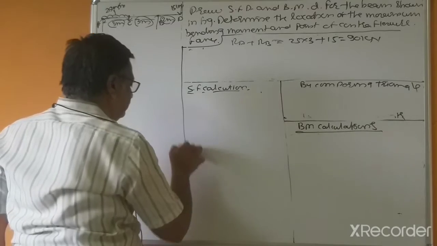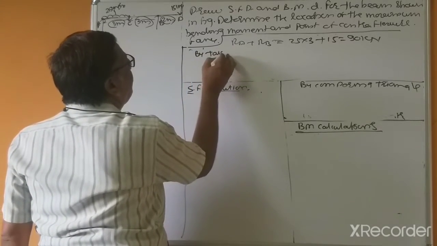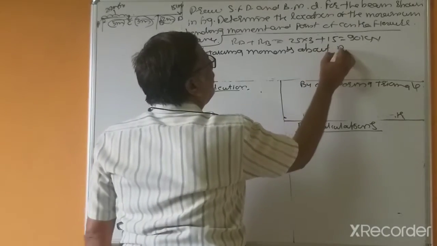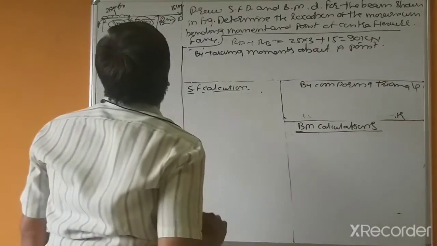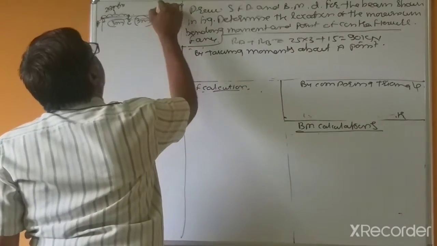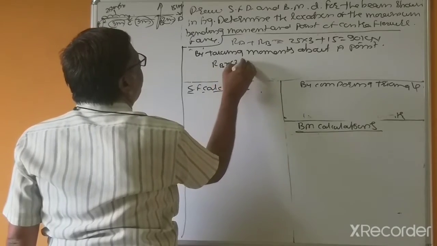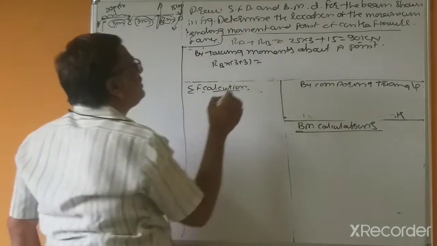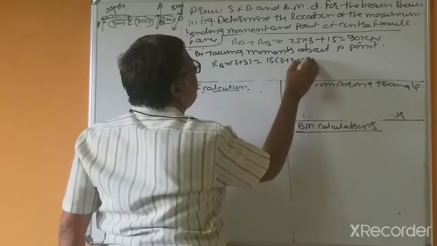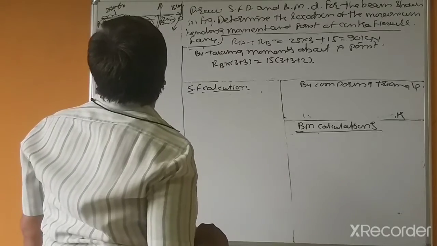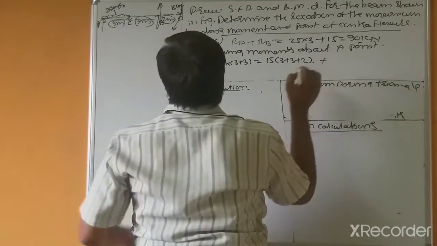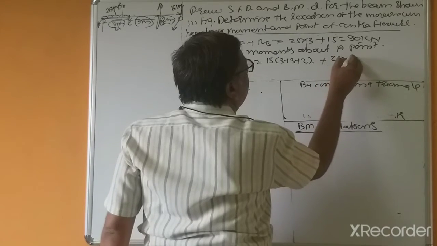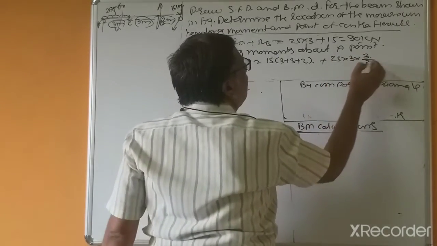Now, by taking moments about A point, RB into the anti-clockwise moment, RB into distance 3 plus 3, equals the clockwise moment 15 kilonewton multiplied by distance 3 plus 3 plus 2, plus, because this is clockwise, 25 kilonewton, distance 3 and half its distance, because this is a rectangular type of load, uniform distributed load.